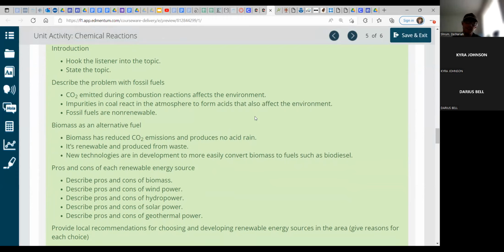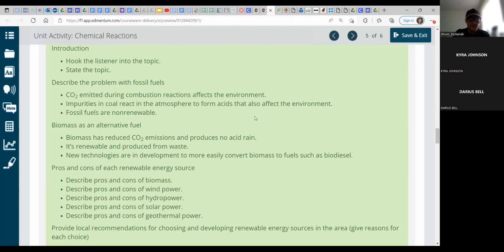If there are too many words and too much information on a slide, you can always just add another slide right after it. So maybe you have the title slide, then the introduction, where you're trying to hook the listener into the topic, get them interested. Why should they care? Why do you care, right? And then you want to state the topic. What's the point of the presentation?